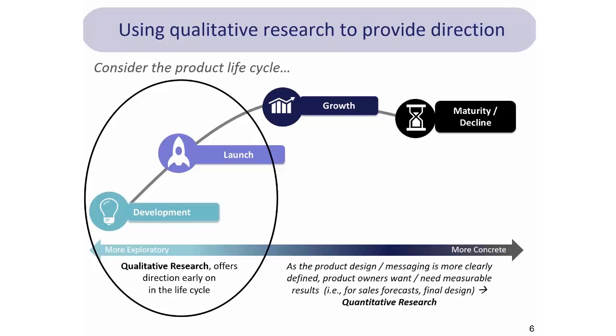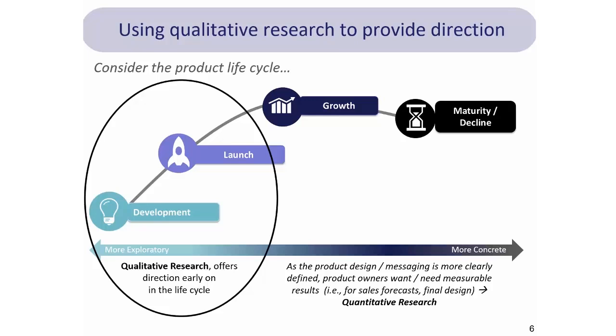Whereas later on, when the product design or the messaging design is more clearly defined, that's when product owners want to know the more measurable things. They want to understand so that they can forecast better, so they can tweak the design even better.